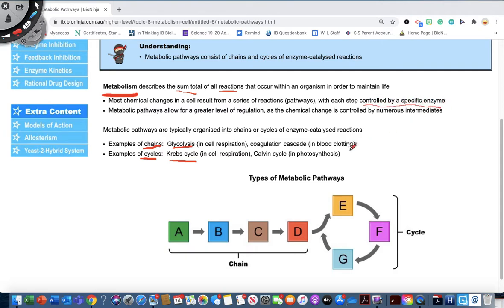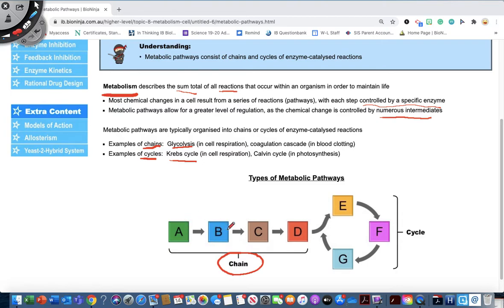We're also going to look at how these enzymes function within a metabolic pathway, and at the intermediates that are in between the substrate and the reactant.